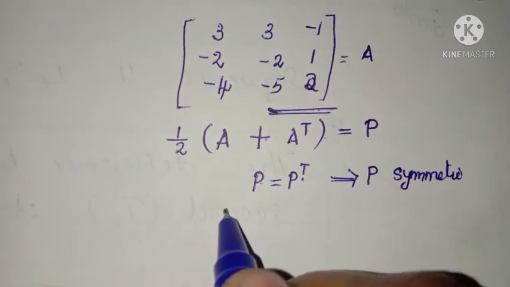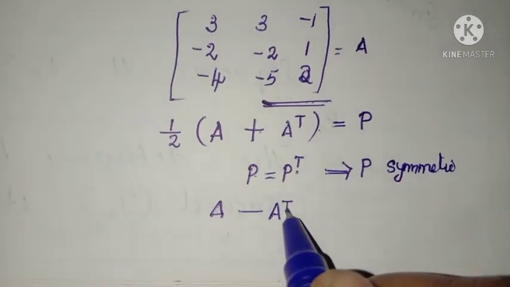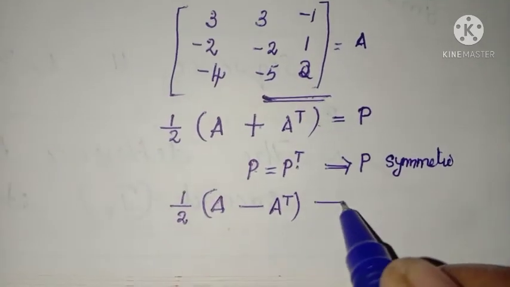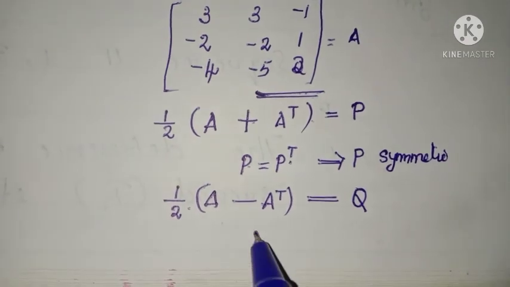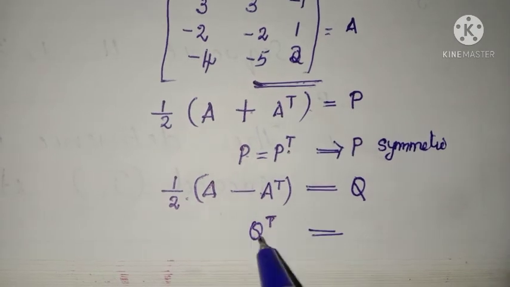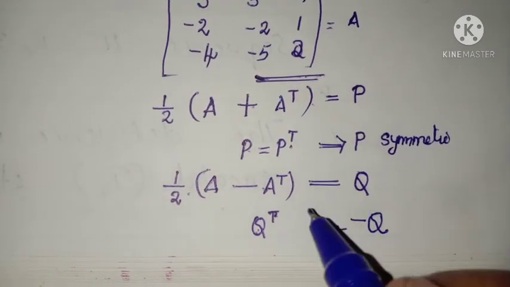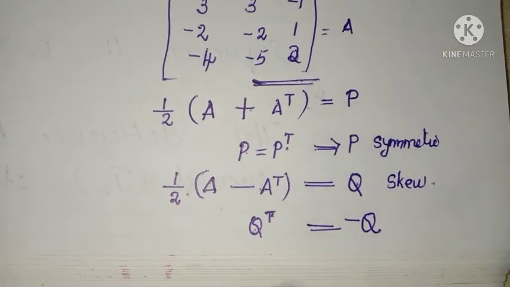Now the next step is, from the given matrix A, we have to subtract its transpose. Then take the scalar multiplication and represent this matrix as Q. Now find the transpose of the matrix Q and note down that Q transpose is same as minus Q. Then we can say that Q is a skew symmetric matrix.